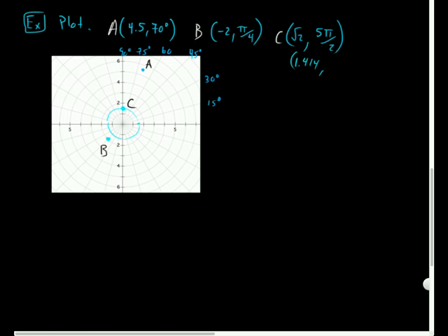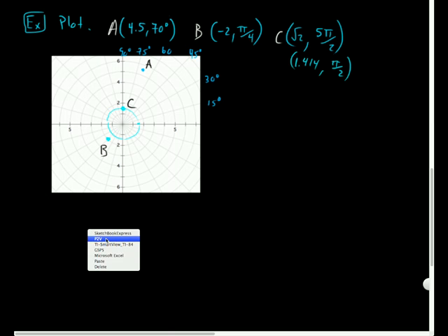So I just want to point out that this is also technically the same as 1.414, and pi over 2 would land in the same location if I was rounding the value of the square root of 2. So let's consider the fact that you can represent these in multiple ways.